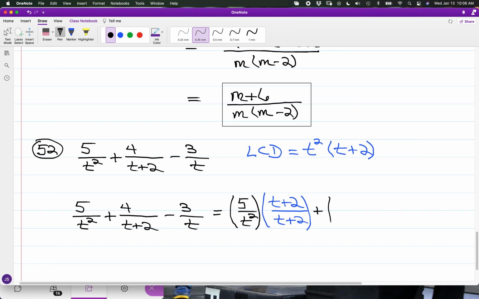Then we have plus 4 over t plus 2. In the case of t plus 2, we have t squared to multiply out. And we have minus 3 over t.